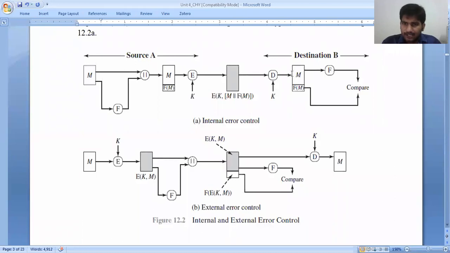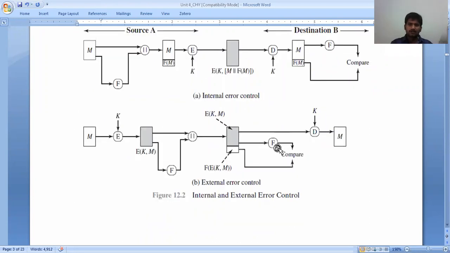Then at the destination, the message and this frame check, that checksum, which we can call the MAC, is received. Then the receiver finds out the checksum and compares both the hash and MAC, and we have MDC also, the modification detection code. These three are not a reversible process. We are simply checking and comparing whether it is correct or not on the receiver side.